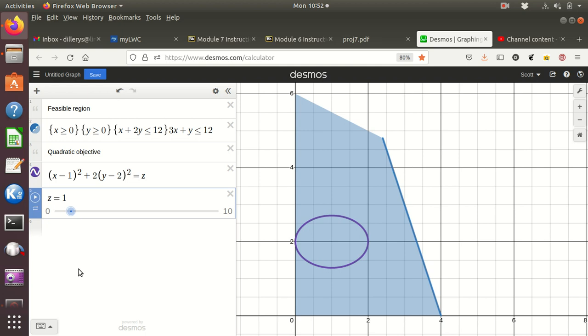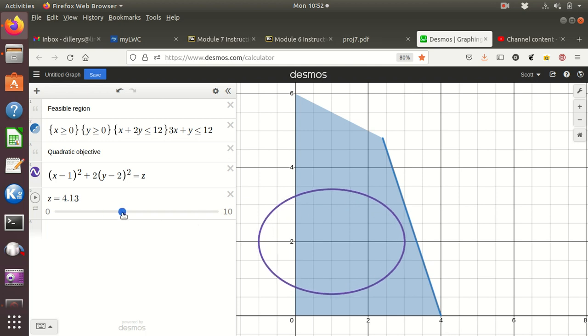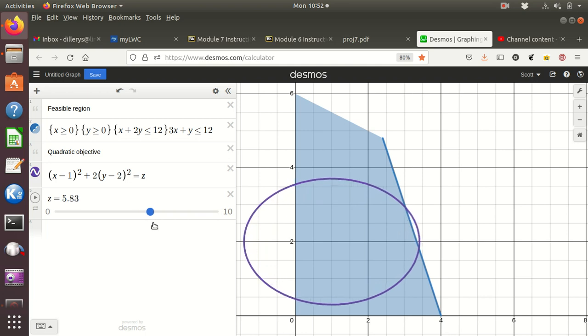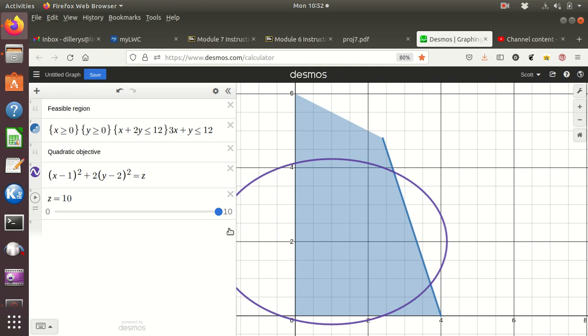Now, suppose I want to maximize, I want to make z bigger, right? So if I want to maximize, I'm going to go like this, and you see z is bigger. But all of these values in here are feasible, and I can just keep making z bigger, and it keeps getting bigger. Oh, well, I can make it even bigger than 10.